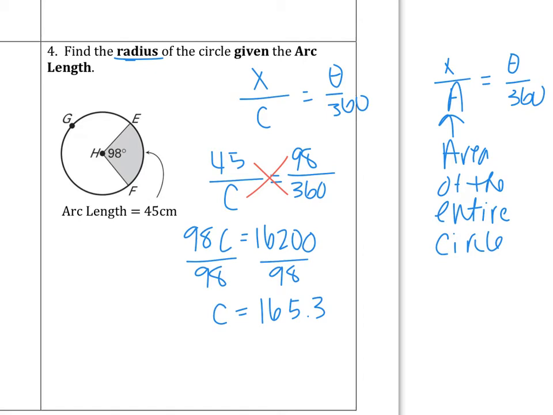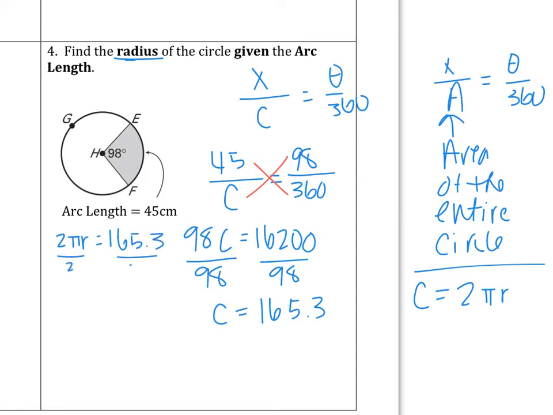All right, so we've got the circumference, but we want the radius. So now we are going to have to take this equation, and we know the circumference equals 2 pi r. So we're going to set this equal to 2 pi r. So 2 pi r equals 165.3.